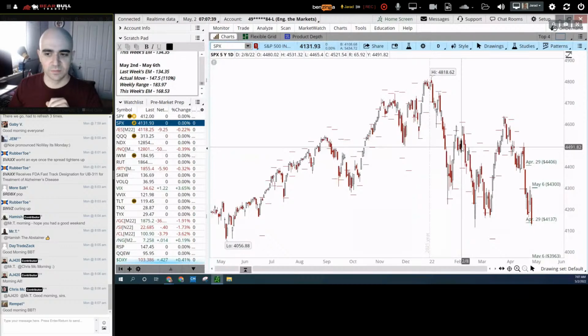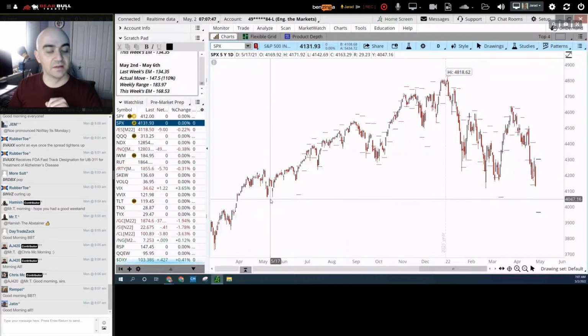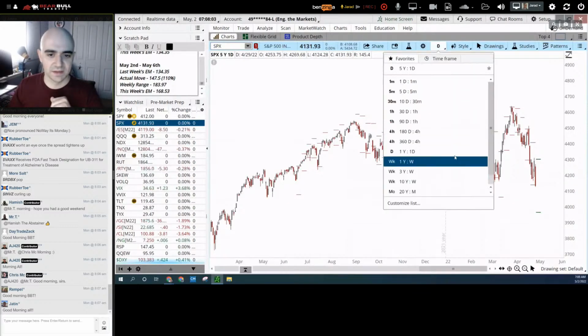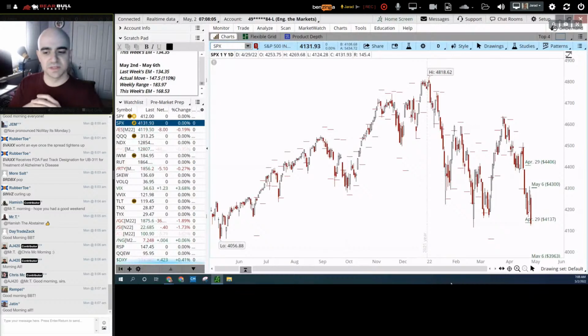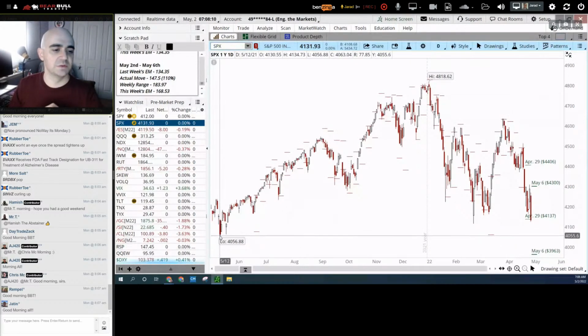As we look out in time, we can see that if we were to tag this level, not only would we be losing a lot of relative support, there's obviously the break of 4,000, which is very psychological in nature, and just that whole dollar support. But it also puts the S&P at a new 52-week low. So over the past year of performance, the S&P has remained above its 52-week low back in May of last year.